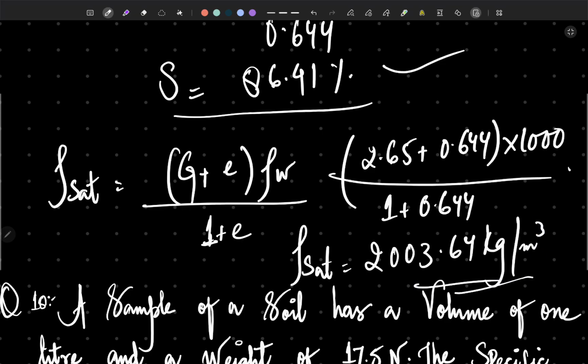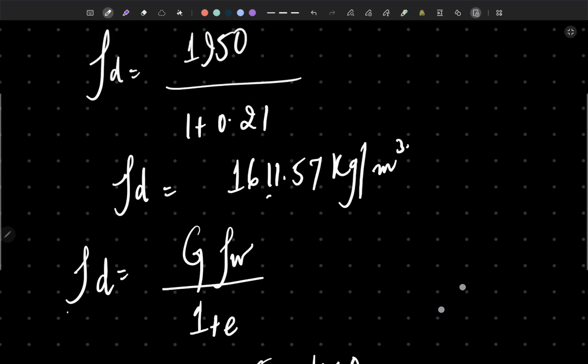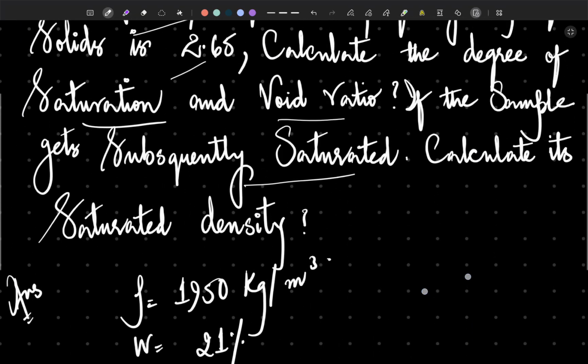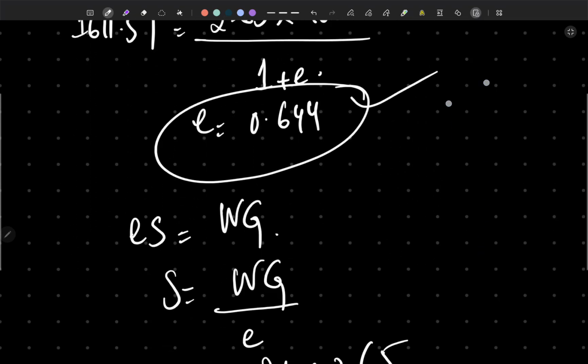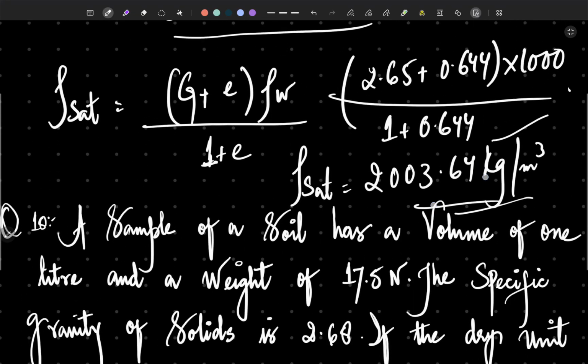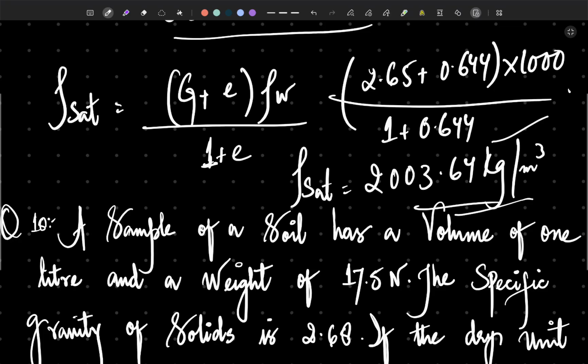All right, so this we also found out. So part B of the question is complete as well. If the sample gets subsequently saturated, calculate its saturated density, which came equivalent to 2003.64 kgs per cubic meter.